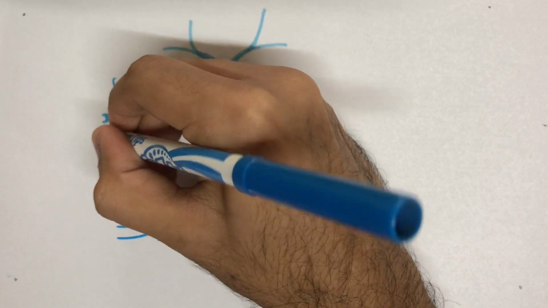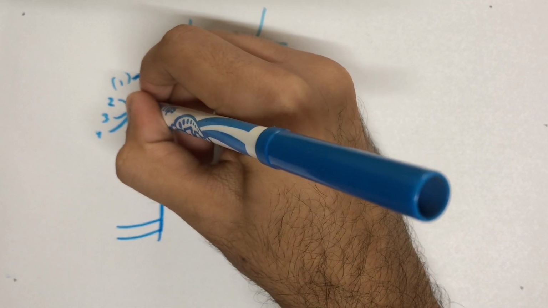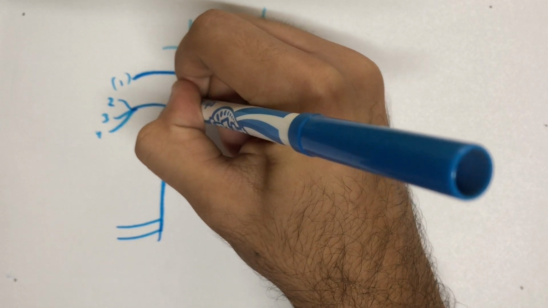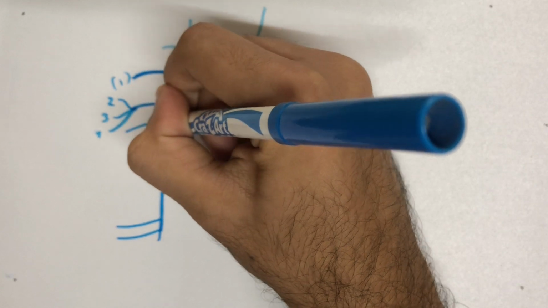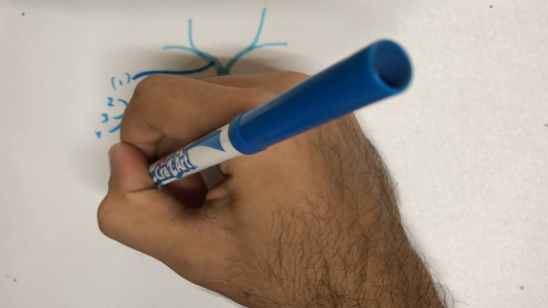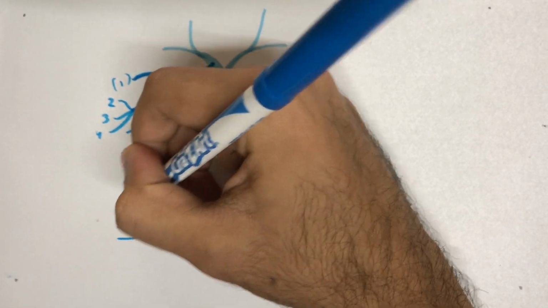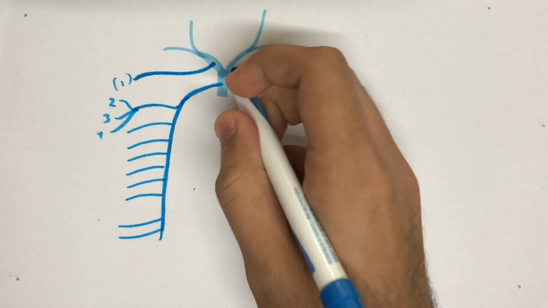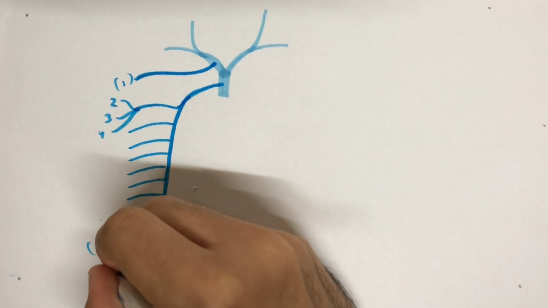Second, third and fourth will join together to form the superior intercostal vein draining into the azygous venous system. And the others, that is 5th, 6th, 7th, 8th, 9th, 10th and 11th will drain into the azygous system. The 12th is also termed the subcostal vein.